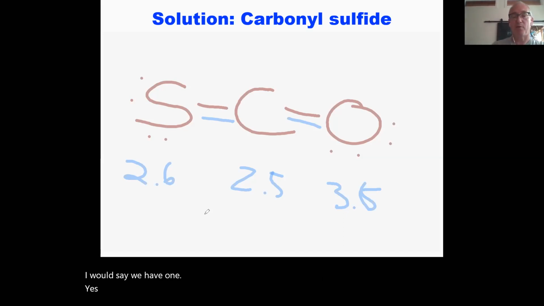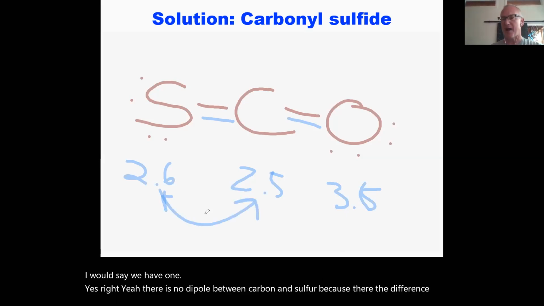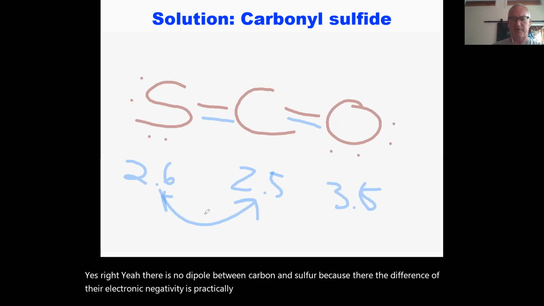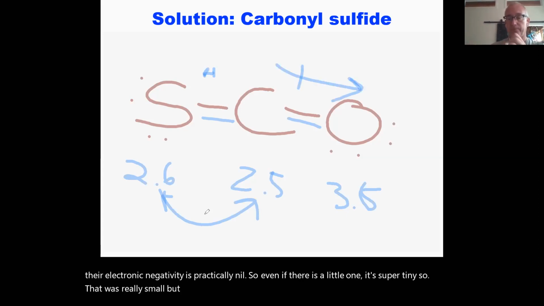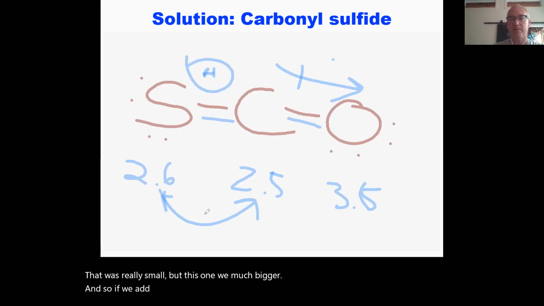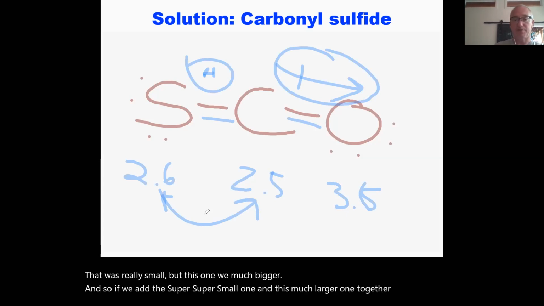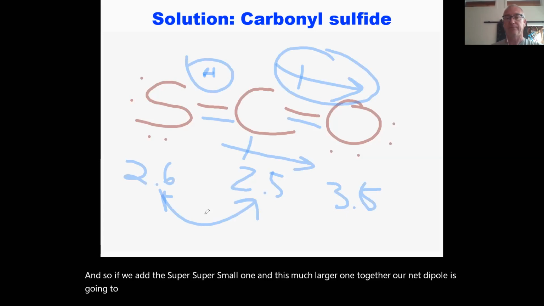There is no dipole between carbon and sulfur because the difference in their electronegativity is practically nil. So even if there is a little one, it's super tiny. But this one would be much bigger. And so if we add this super small one and this much larger one together, our net dipole is going to be like that. So we would say that, yes, we have a polar molecule.